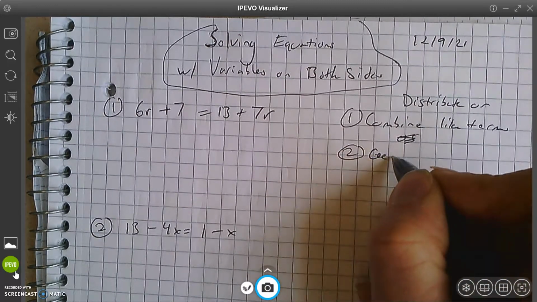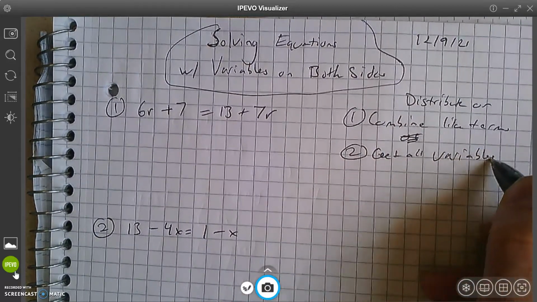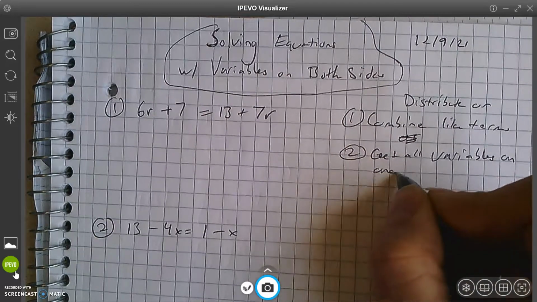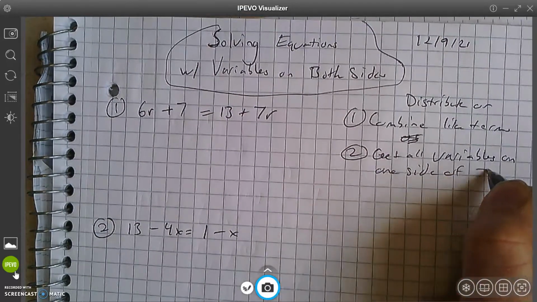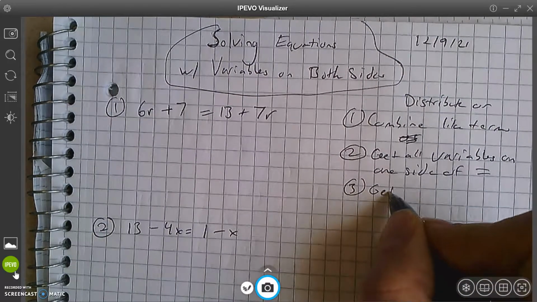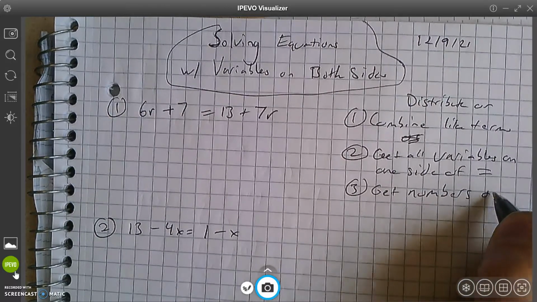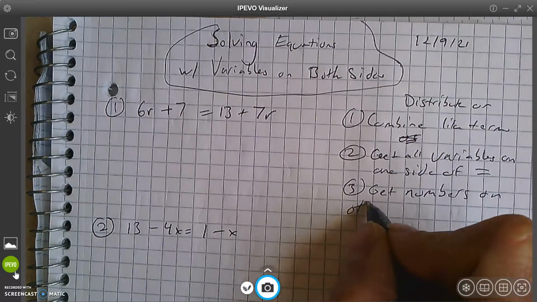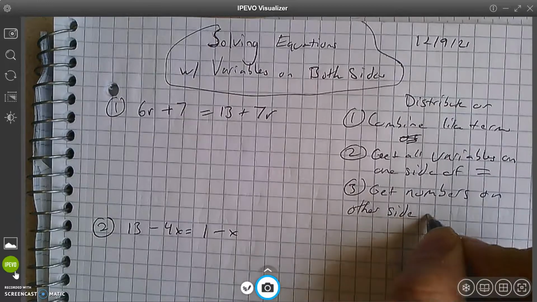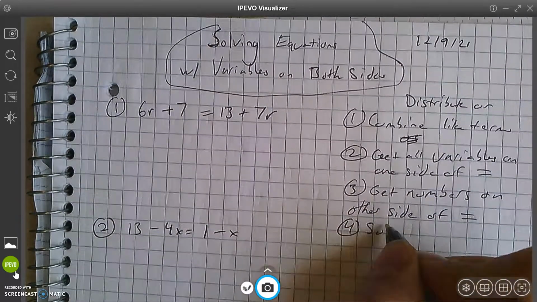Two, get all variables on one side of the equal sign. Next one, get the numbers on the other side of the equal sign. And then solve.